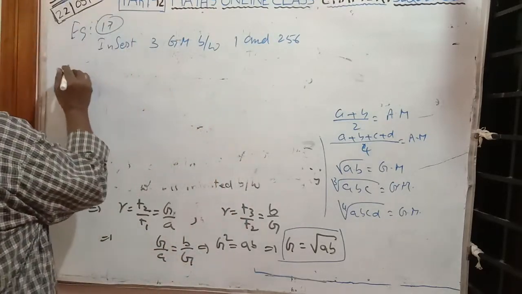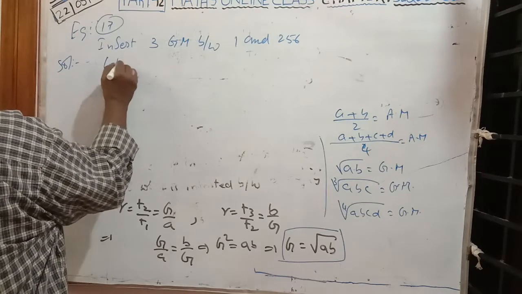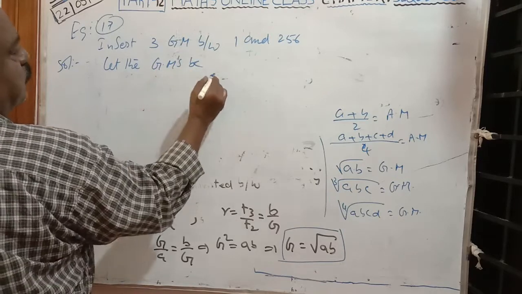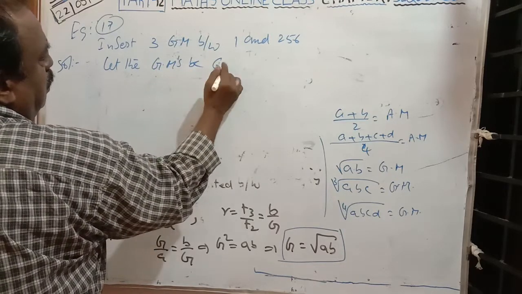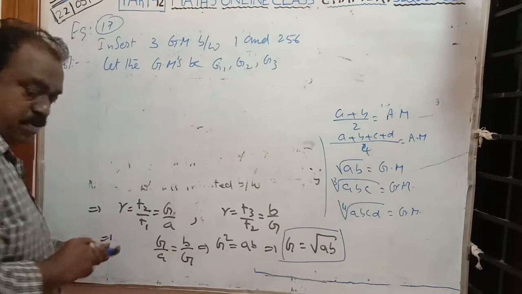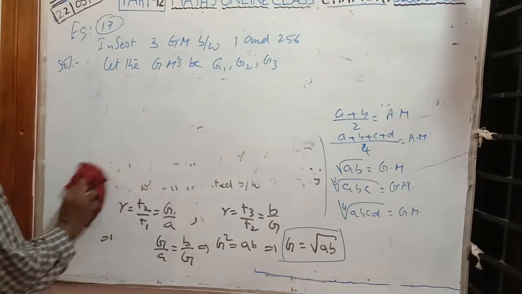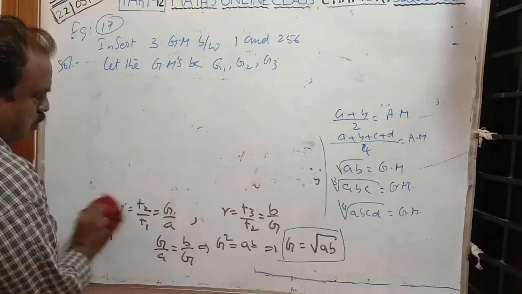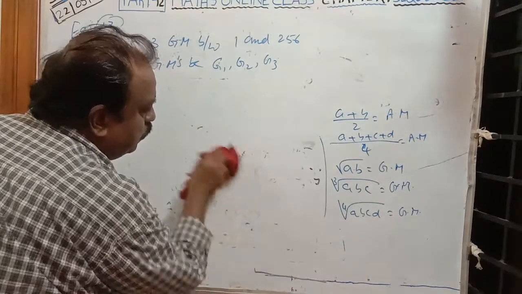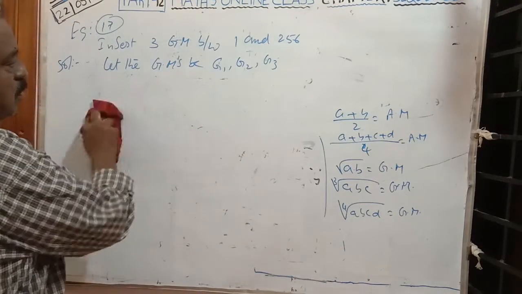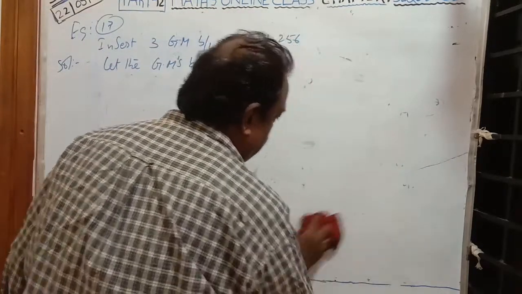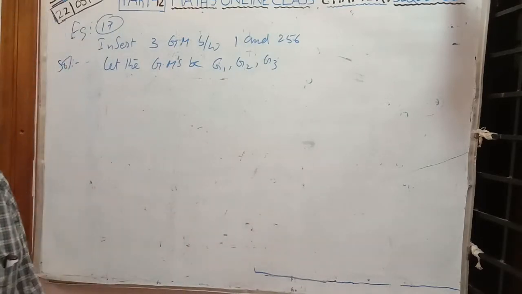Solution. Observe. Let the GMs be G1, G2, G3, which can be inserted between 1 and 256.